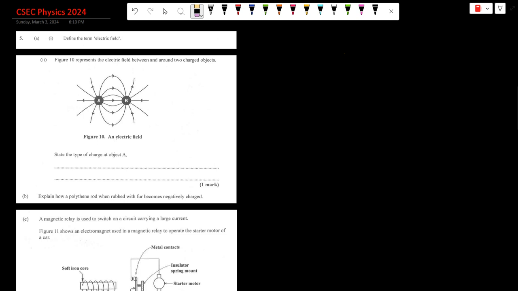We have a primary or input circuit with a switch and a battery or cell, and a soft iron core around which we have a coil of wire, which is part of the external circuit. In the secondary output circuit, we have a soft iron armature, some metal contacts, a starter motor, and conducting wires hooked up to the battery as well.